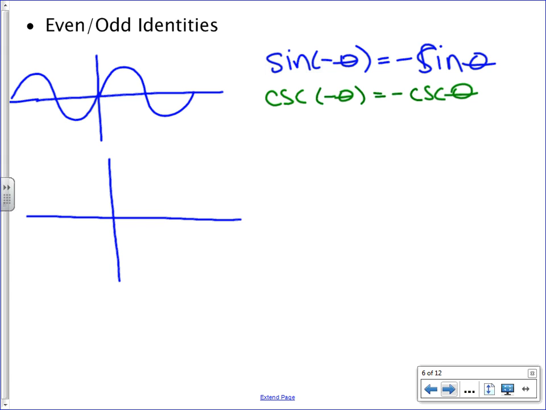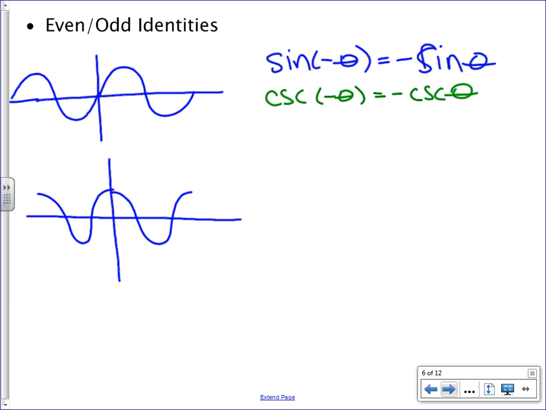Let's talk about our cosine graph. One period looks like that, right? I'm going to continue it to the left. This is symmetric about the y-axis, which means it is an even function.